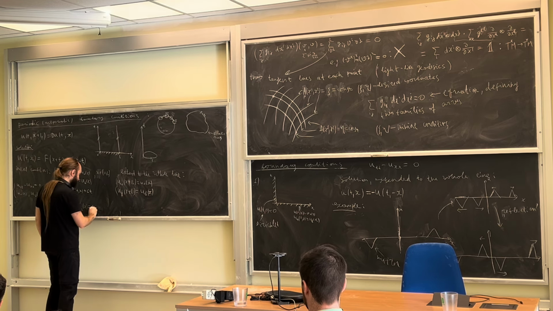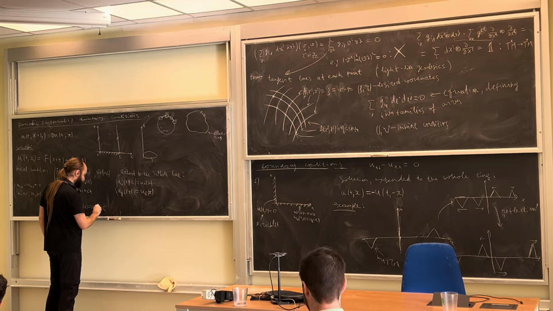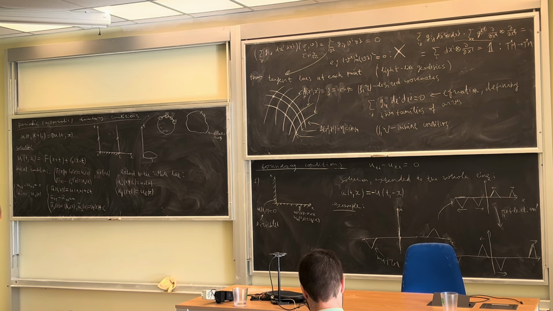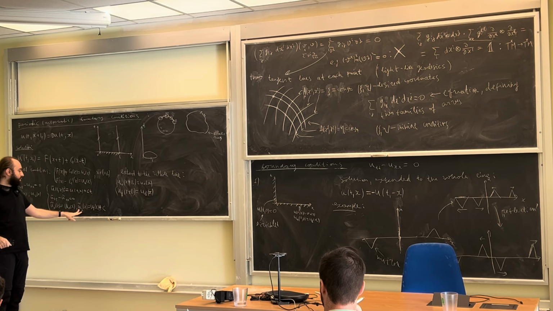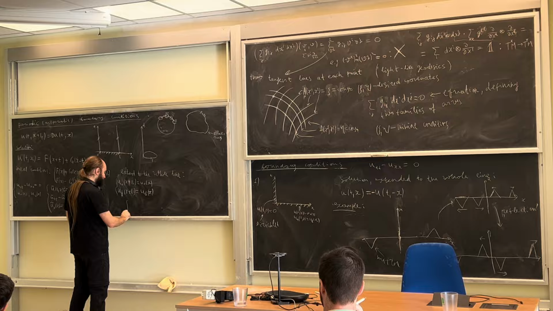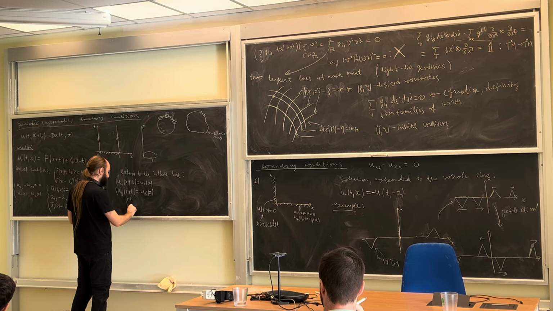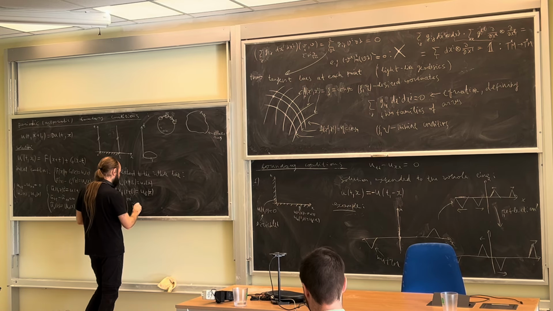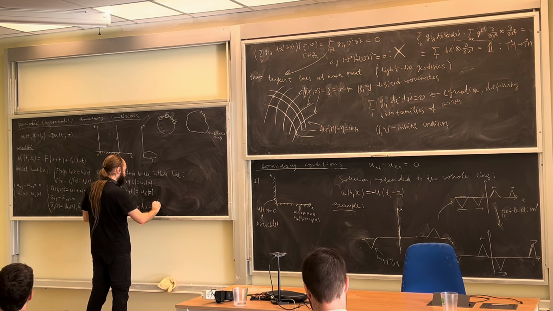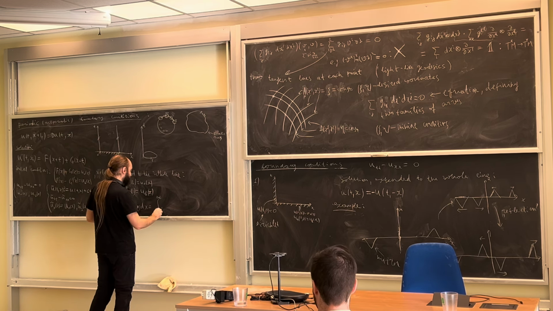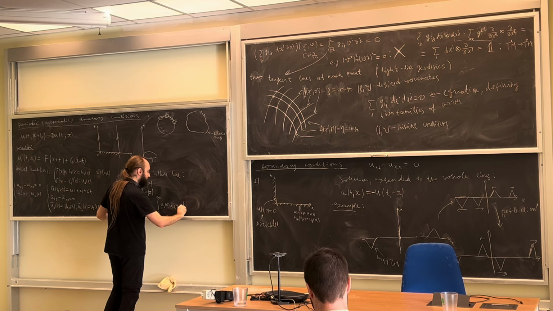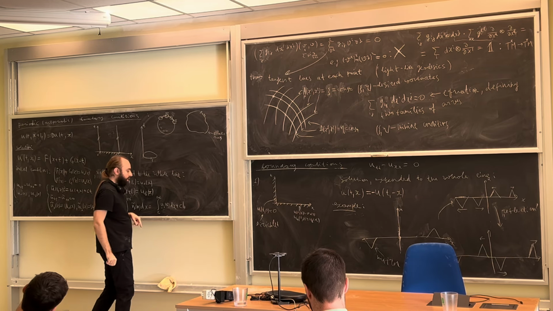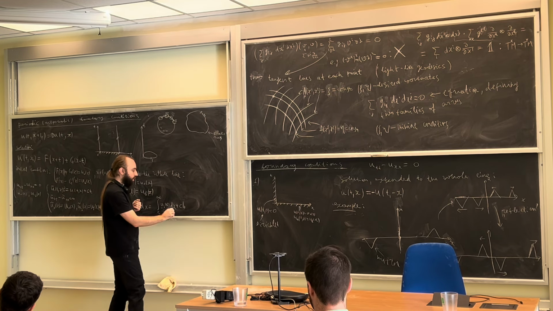So the integral from x to x plus L of u1 tilde of x dx will equal the integral from x to x plus L of u1 of x dx plus c times L. So we can adjust this c so that it equals 0.